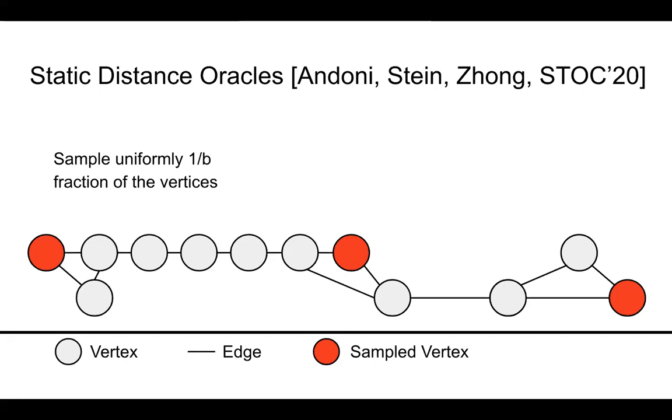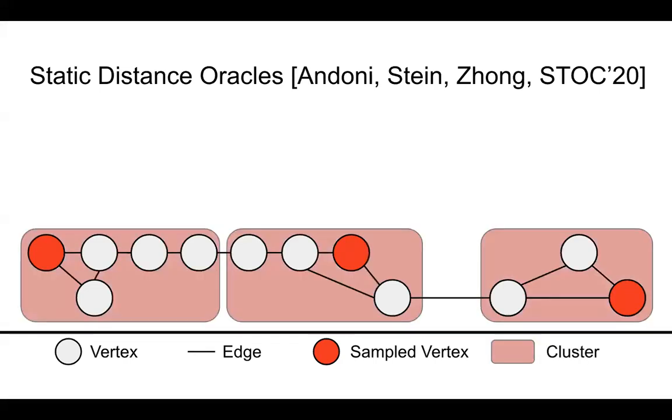Good. So they suggest to sample this 1/b fraction, and then for each vertex, so for each of the gray vertices, you look at the sampled vertices, which we'll also call pivots, and you find the closest sampled vertex, or pivot, that you can find.